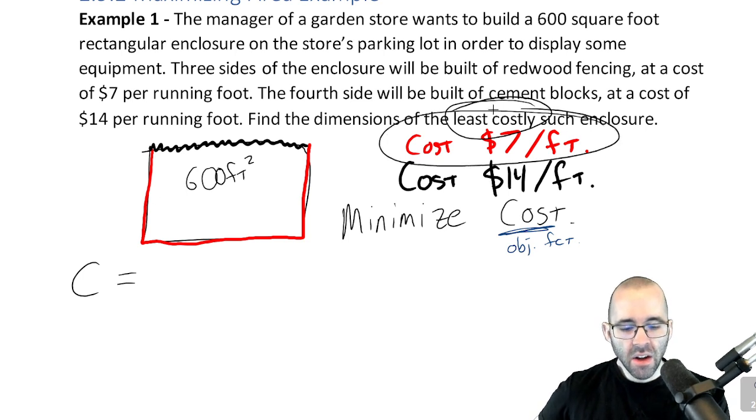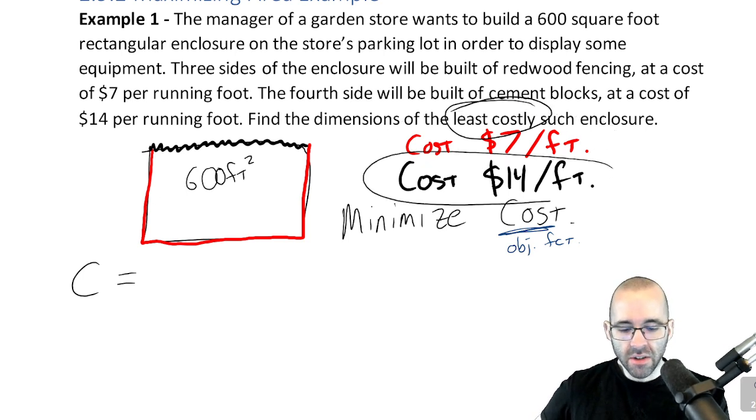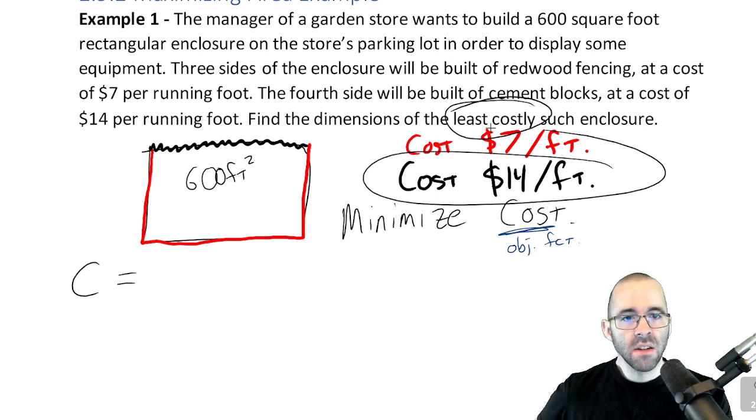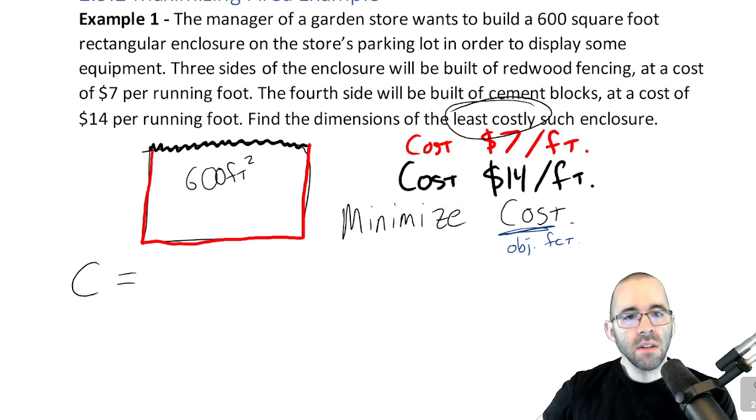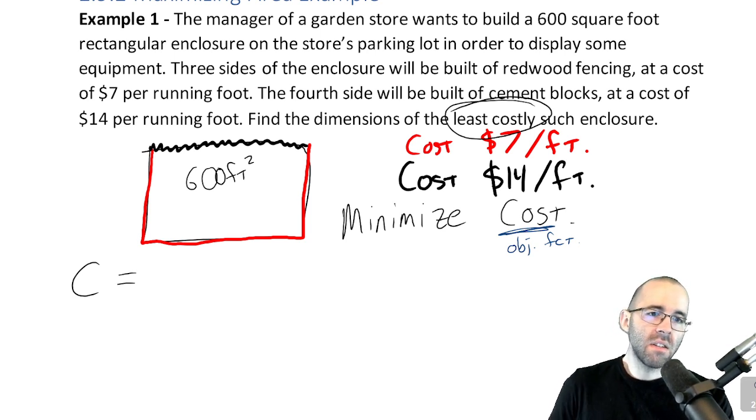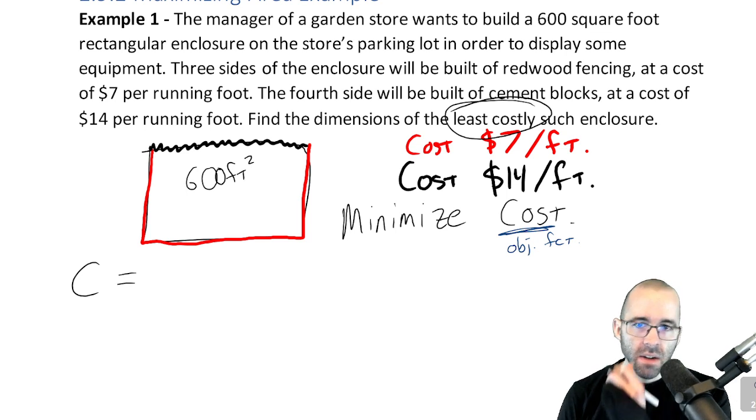Well, for every foot of the red, it's costing $7. For every foot of the black, it's costing $14. We need some variables, right? Now you could let X be how many feet of red and Y be how many feet of the black. That would work.